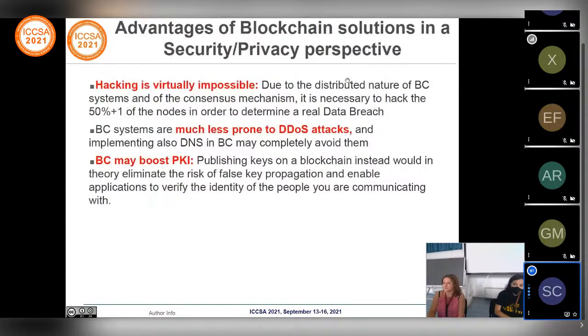And some advantages of blockchain solutions from the security and privacy perspective are that hacking is virtually impossible, blockchain-based systems are much less prone to DDoS attacks, and the blockchain may boost PKI. So these are some strength points of this technology.